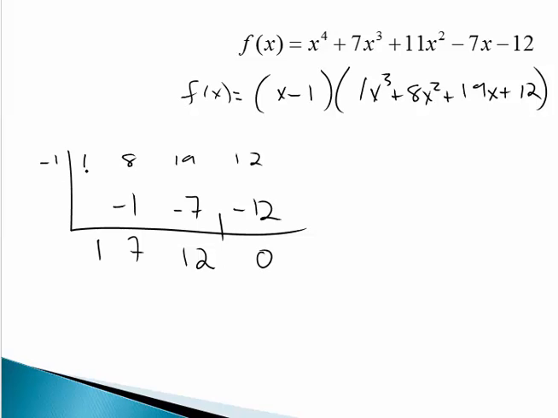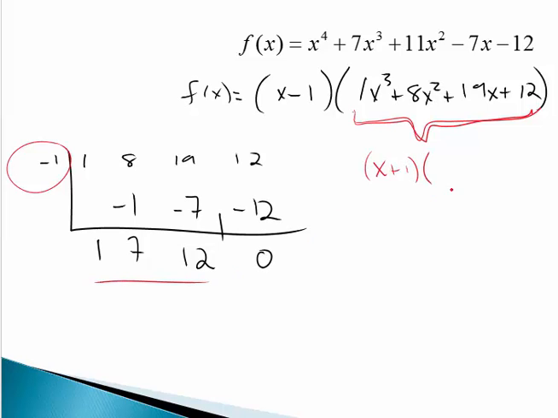This means negative 1 divided into this piece. Notice I didn't take it into the 4th degree. I took it into the result of my first successful division, so this 3rd degree polynomial. So that means this guy factors as, if that's a 0, x plus 1 is a factor, and this is the result. This is my squared term.